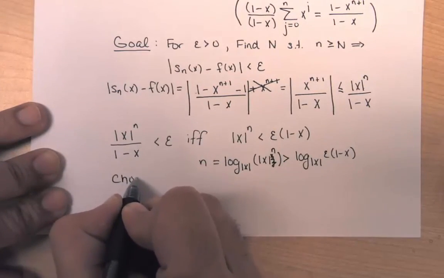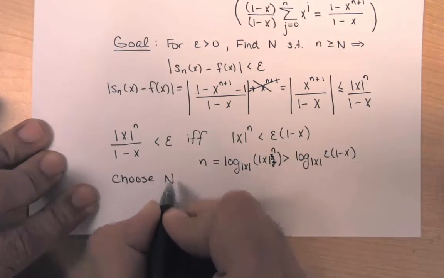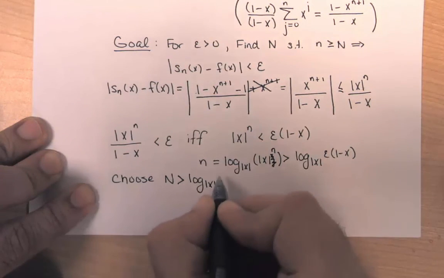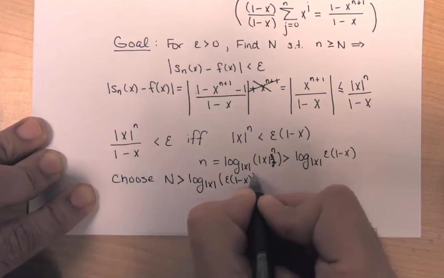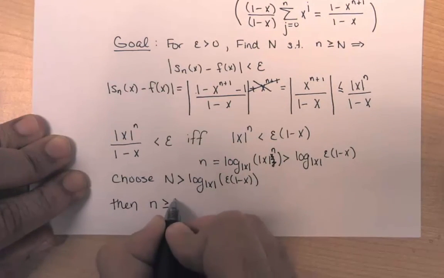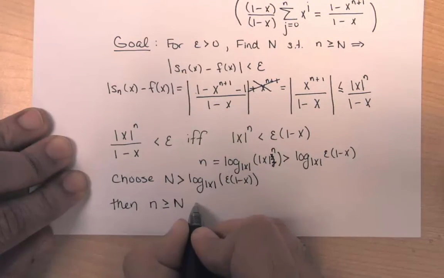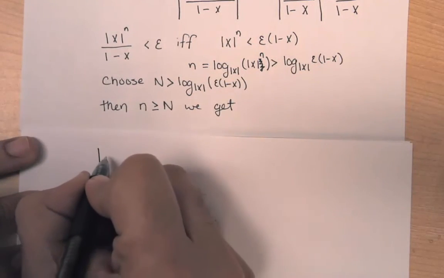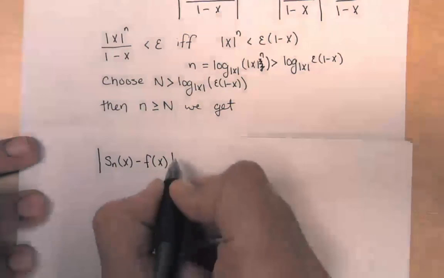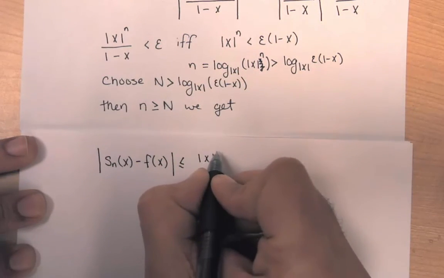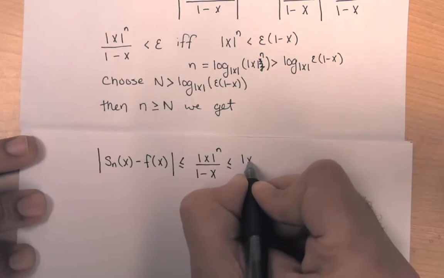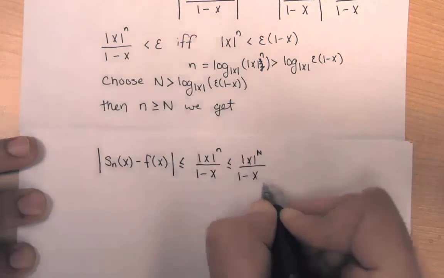So I need n to be greater than this number. Well then, if I choose big N to be an integer strictly greater than the log base absolute value of x of epsilon times 1 minus x, then if n is greater than or equal to big N, which is strictly greater than that, we get that Sn of x minus f of x, we already know that that's less than the absolute value of x to the n divided by 1 minus x, which is less than or equal to the absolute value of x to the capital N divided by 1 minus x.